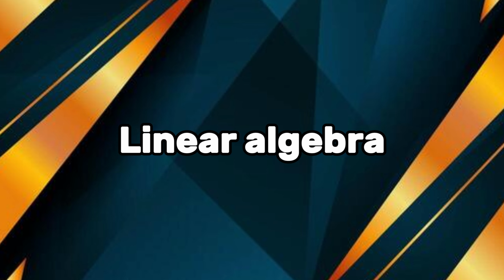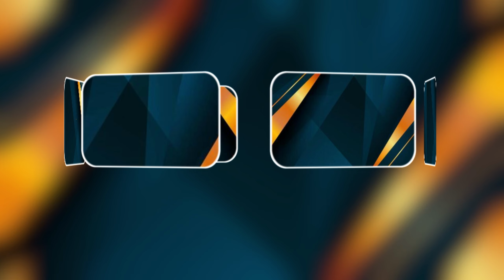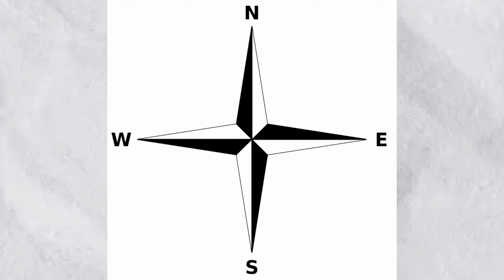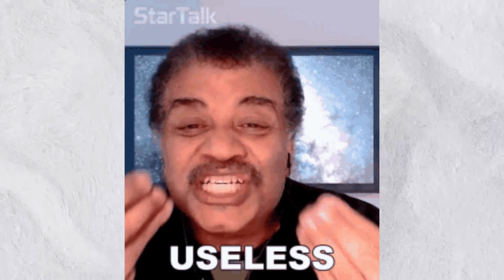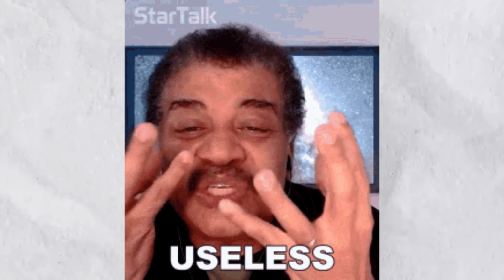And another thing is linear algebra. Linear algebra is used so that the AI knows what is the most important direction to head on first. And that helps it not go to the useless information, because useless data wastes time.